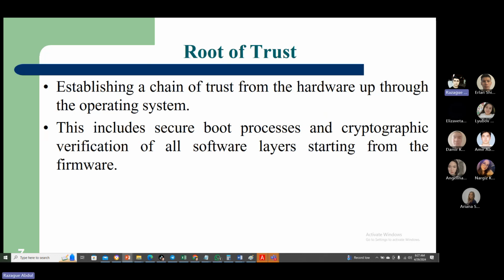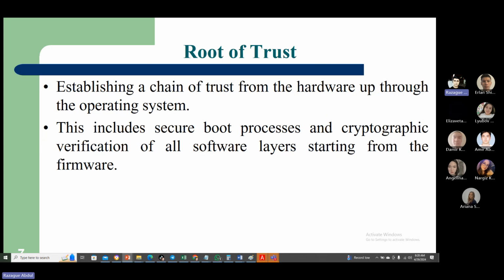So this trusted base is responsible for critical operations like verifying firmware signatures, establishing identity, and performing cryptographic functions. So the root of trust is typically implemented in hardware or in a protected layer of firmware, making it resilient to software attacks.